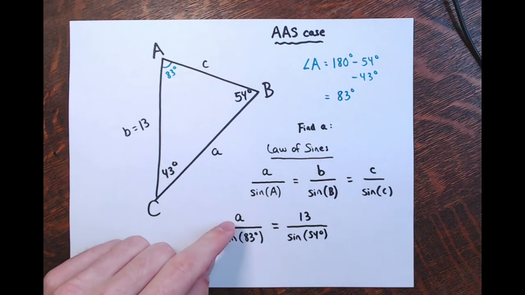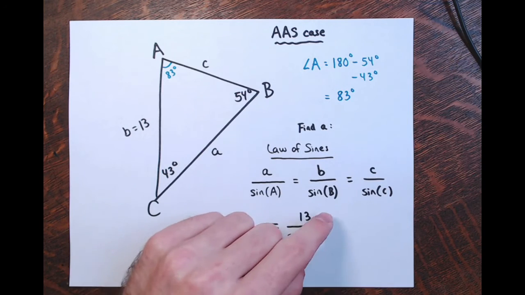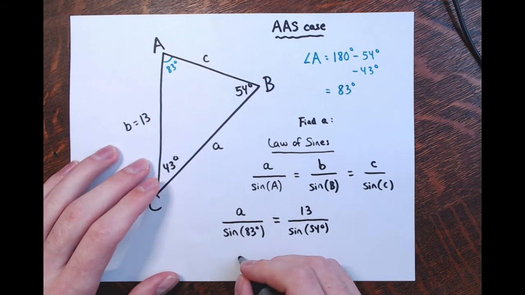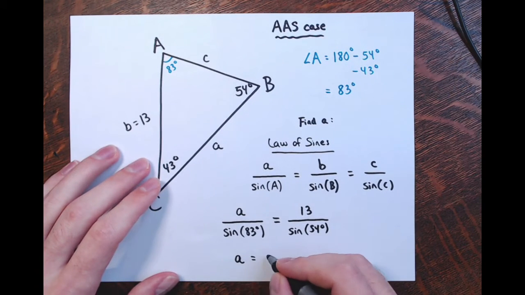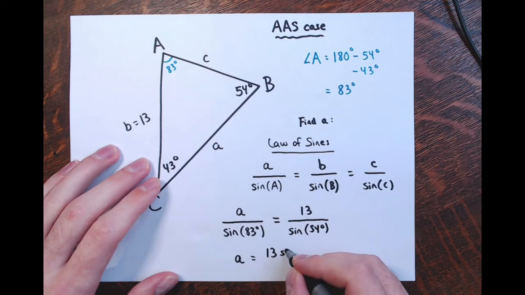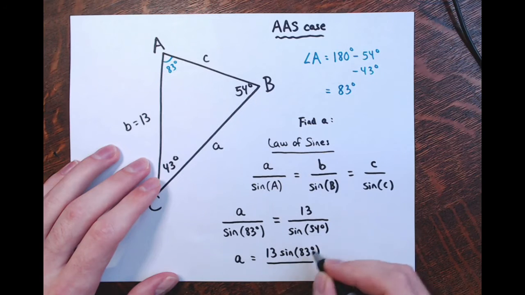To get little a alone, I simply multiply by the sine of 83. So little a is 13 times the sine of 83 degrees over the sine of 54 degrees.